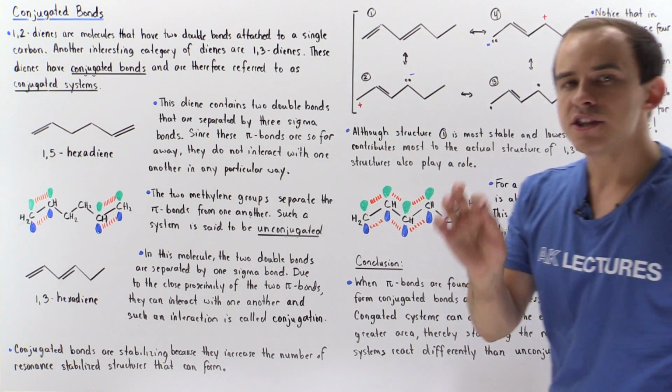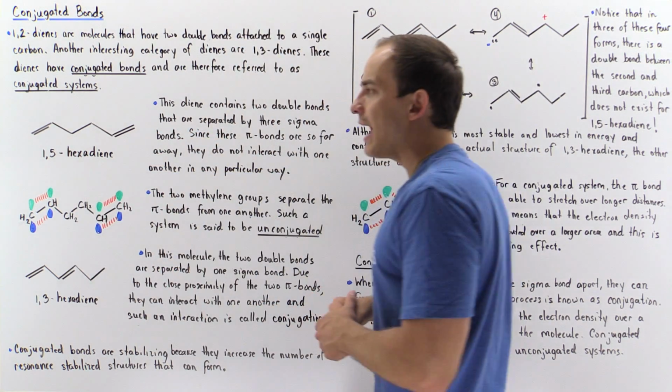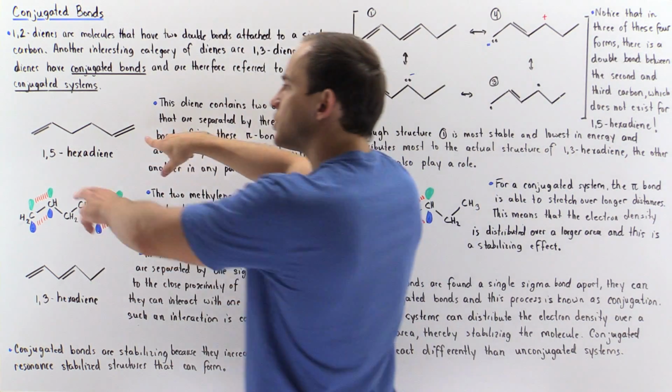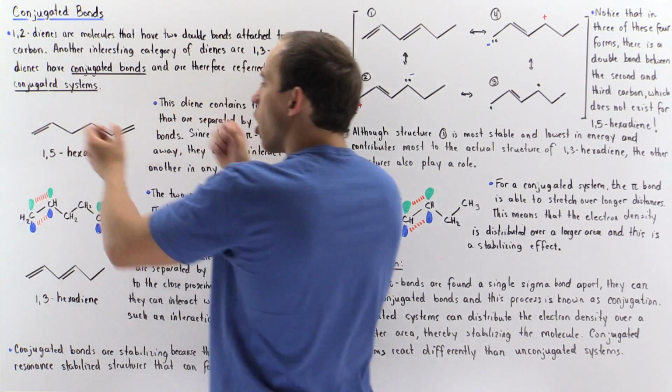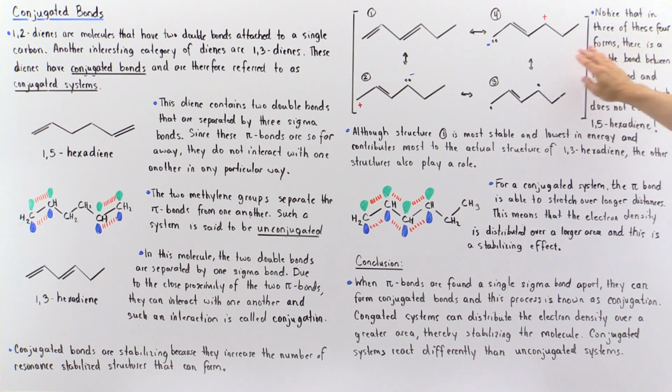And notice this cannot be formed in the 1,5-hexadiene case because these two pi bonds are very far away. So once again, in 3 of these 4 resonance forms, there is a double bond between the 2nd and 3rd carbon, which does not exist for the 1,5-hexadiene case.